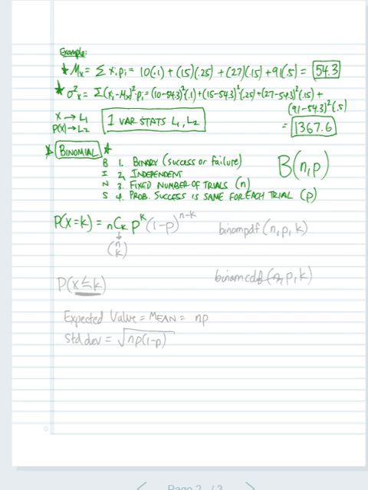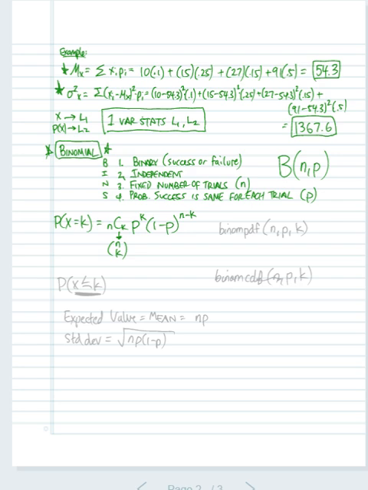In this case, we're talking about k successes. And then the probability of failure, which is 1 minus p, raised to the number of failures, which would be n minus k. Now realize on the formula sheet for the AP exam, they do not write it n choose k. They write it with parentheses like this, n on the top, k on the bottom. Okay, so those are the same.